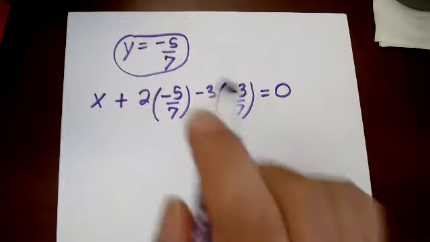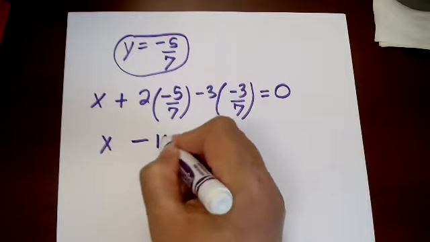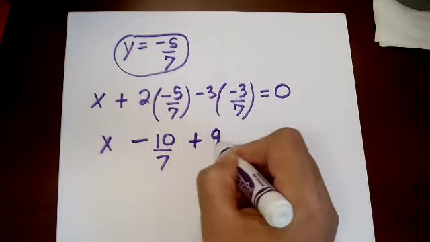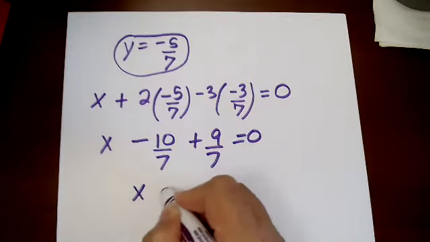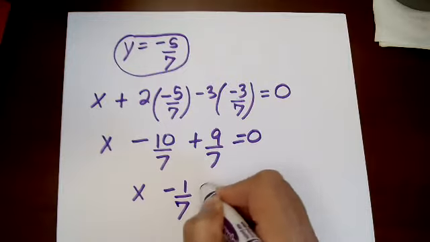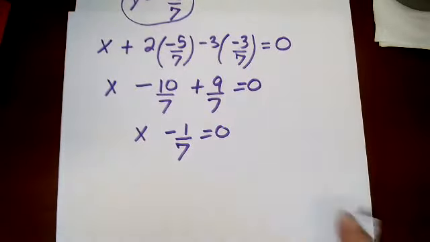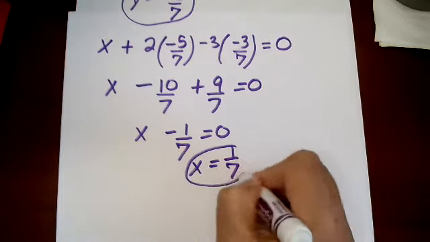So I'm going to work all of this out. Positive times a negative is a negative 10 sevenths. Negative and a negative is a positive 9 sevenths. Those already have like terms, how convenient. So x minus 1/7 is 0, add to both sides, so x is 1/7.